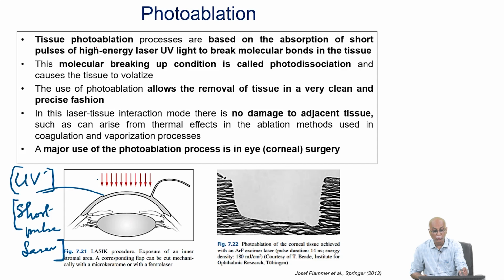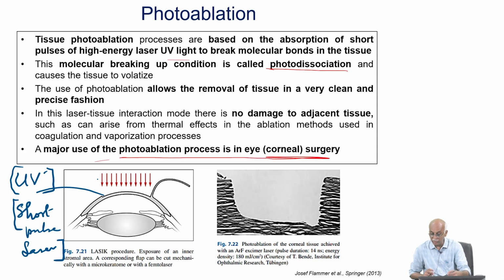So, tissue photoablation is where UV light breaks the molecular bonds in the tissue, and it is through photodissociation. It will precisely remove material depending upon how the tissue interaction takes place, and subsequently the photoablation process is used for corneal surgery.